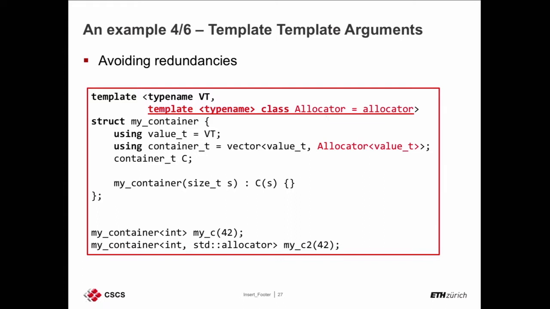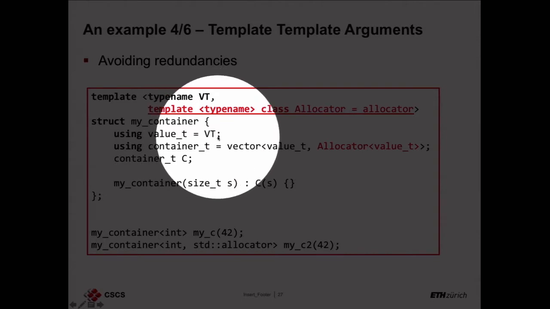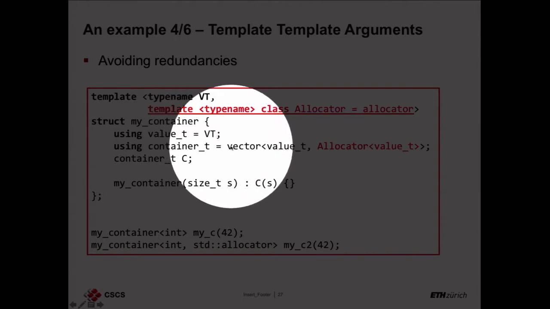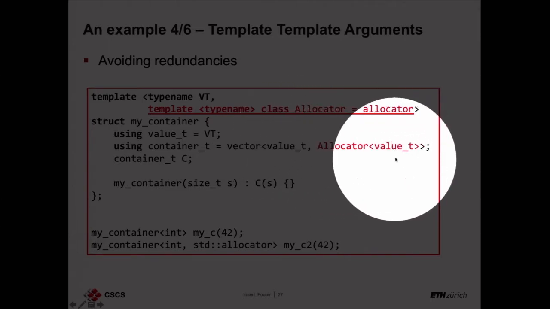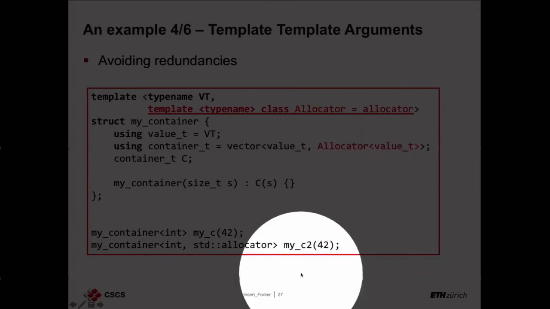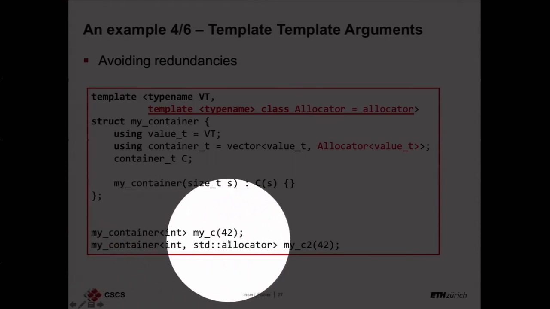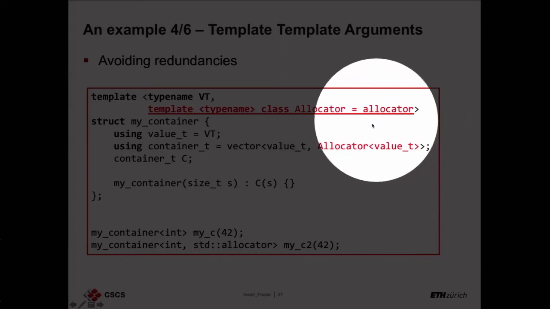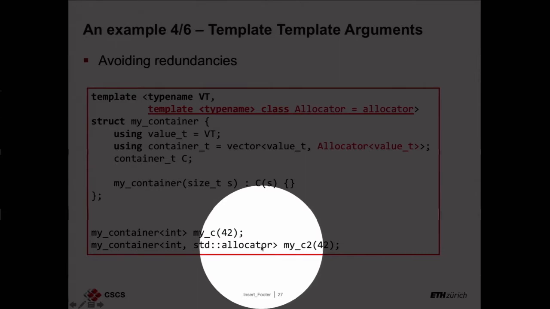It's really a template. So now here I can say allocate. I have my value type, which is integer, and I want to allocate my value type with the allocator that takes my value type. So now when I instantiate my container, I can still do my container of 42 because the allocator is std::allocator by default. Or int and std::allocator.